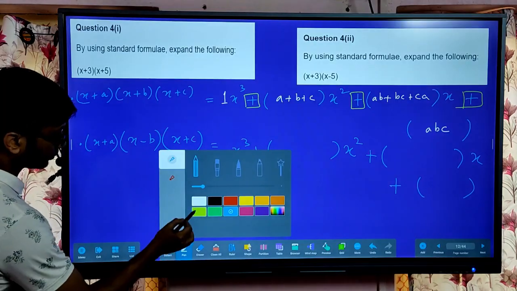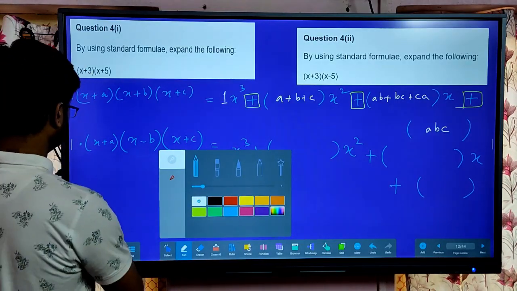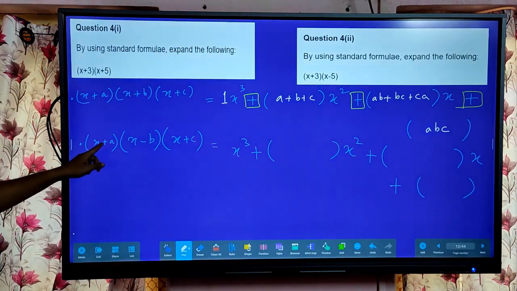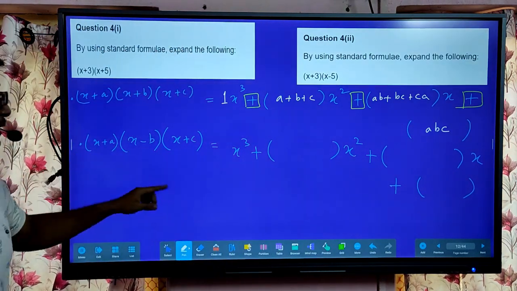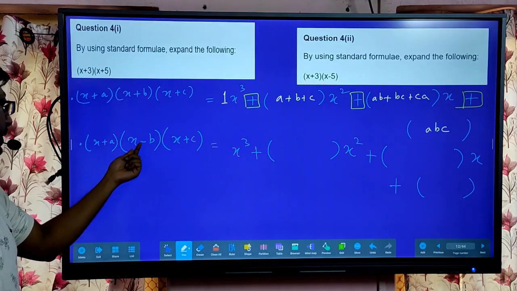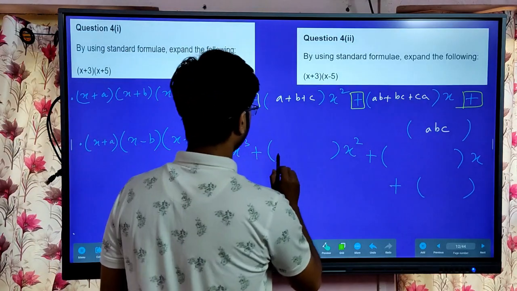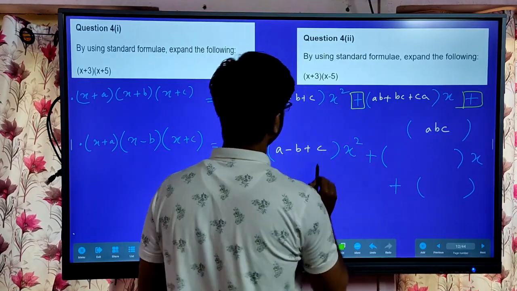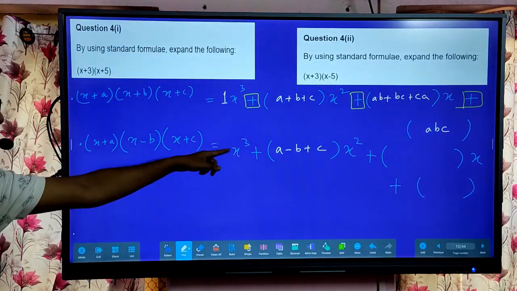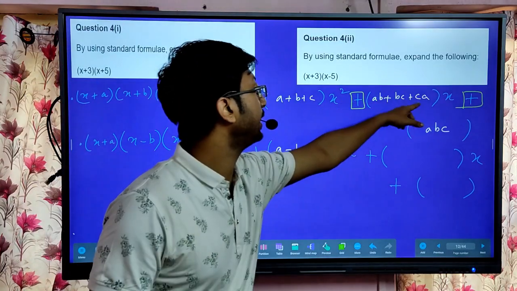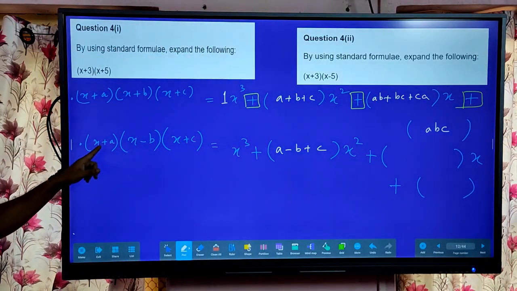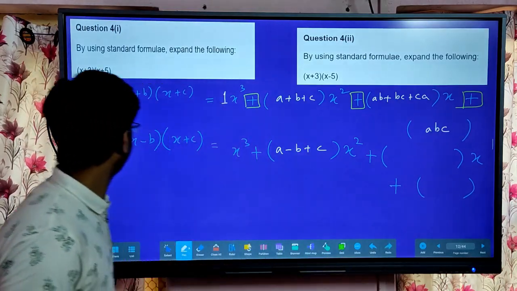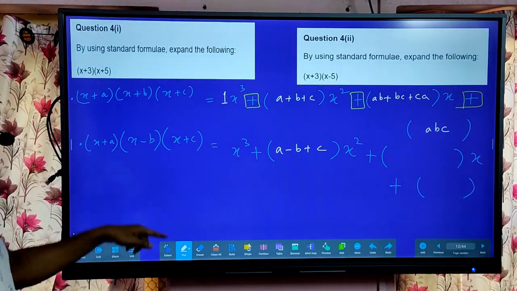Now here it will be a minus b plus c. Just see the sign, a minus b plus c. We will just see the sign and write, and there it will be ab, bc, ca, but here the signs will be different. It will be plus a into minus b, so it is minus ab.